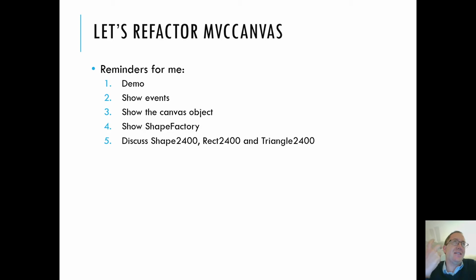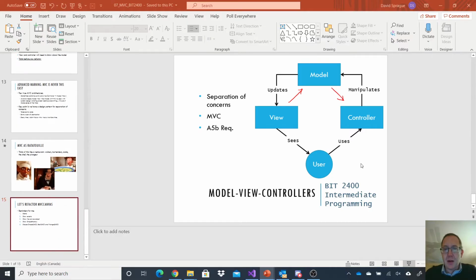It's a design recipe or a design pattern that we use. And then I want to talk about shape 2400, rect 2400, triangle 2400. These are our different shapes. A generic shape that you shouldn't be able to draw, a rectangular shape, and a triangular shape. We've seen a demo of this before, but the demo is going to be a little bit different this time around. Okay, so there you go.